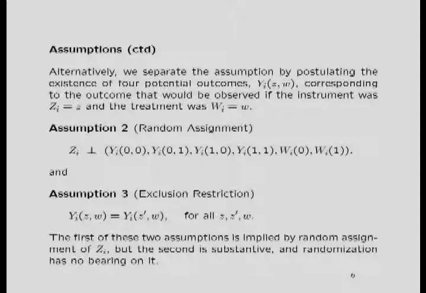The awkwardness in formulating the assumption this way is that it's a little hard to think about how you keep the treatment constant if you change the instrument. But that's partly reflecting the fact that we don't need this assumption to be quite so strong. We're going to need this only to hold for some subpopulations, and for those subpopulations this awkwardness doesn't arise, as we'll see in a second.